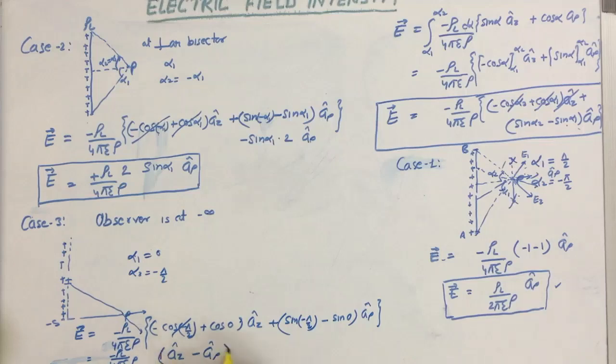So this is the electric field intensity in that case when the observer is at one end, at the negative end of the line charge. Hopefully it is clear to all of you.